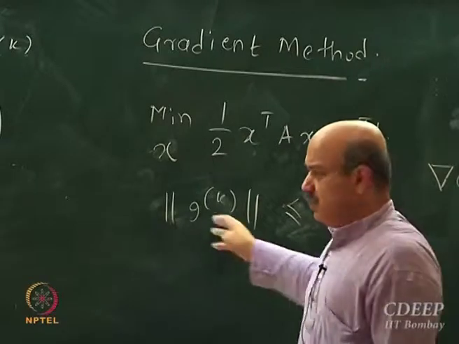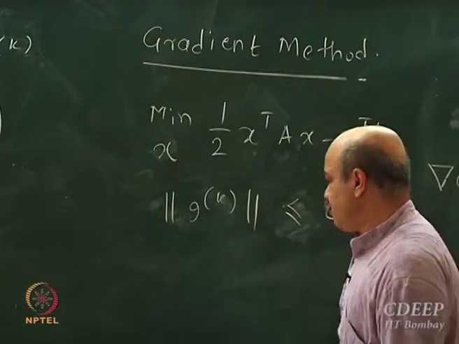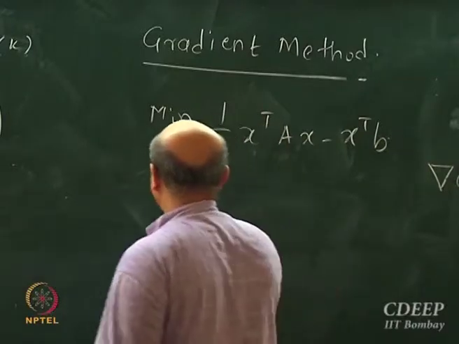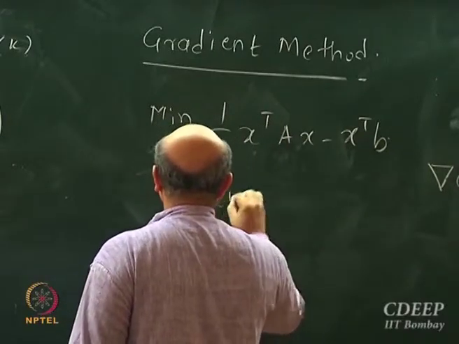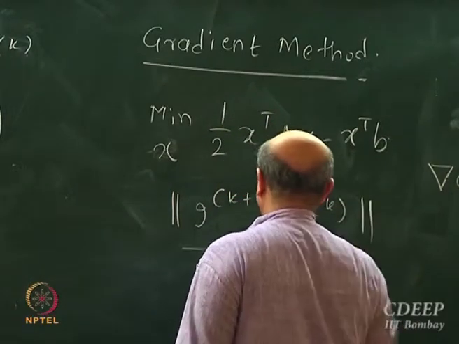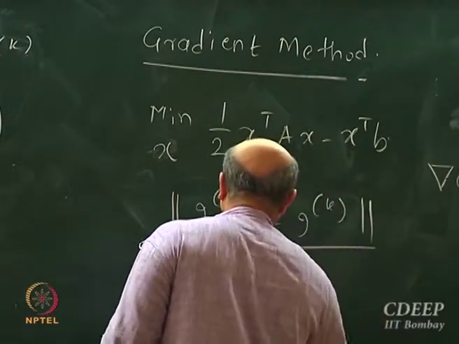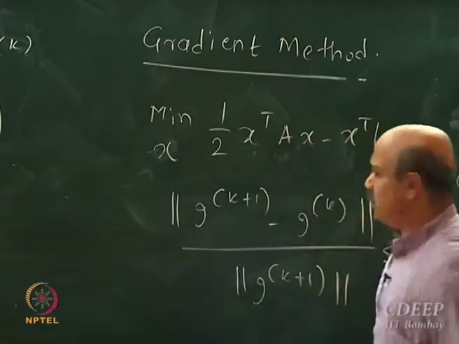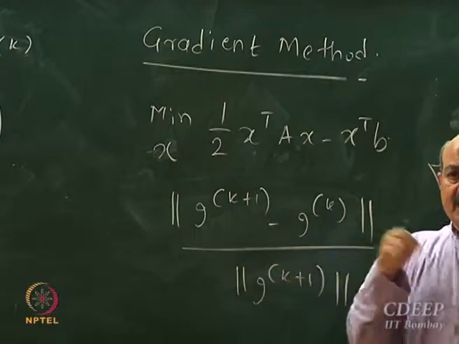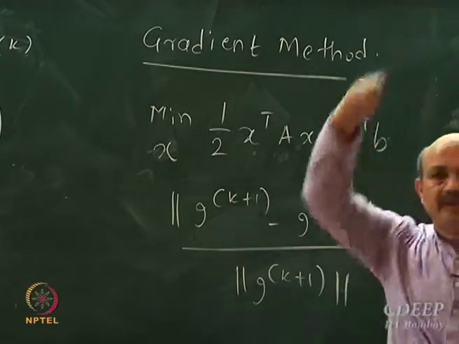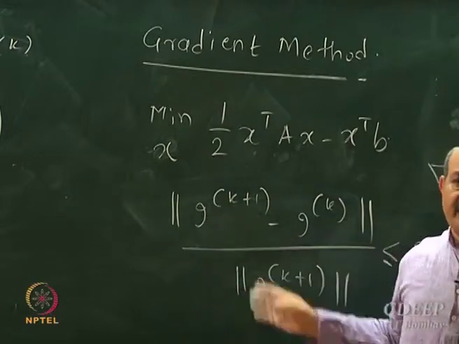Or sometimes it's better to check gk plus 1 minus gk. This can be a termination criterion if there is no significant change in the derivative. If you have very large matrices, this is very useful.